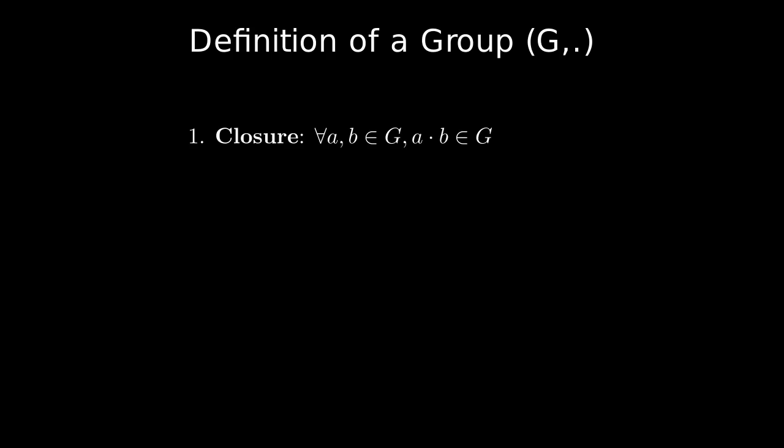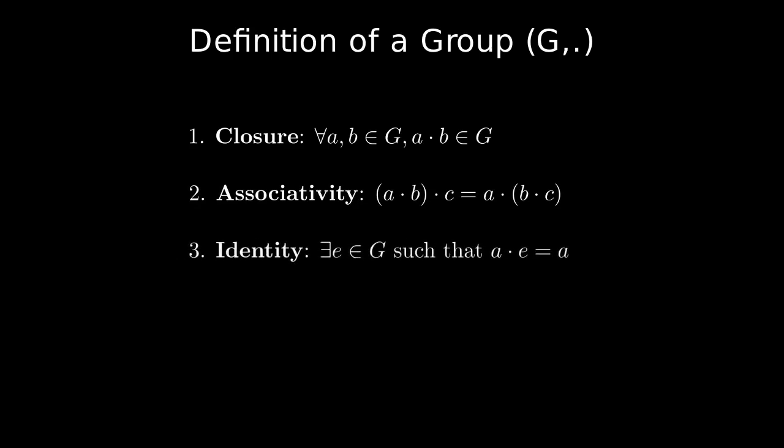A group is a set G with a binary operation that has the following properties. Closure: for every two elements, we can combine them, and the result is in the group. Associativity, identity, and inverse. Let's see an example.